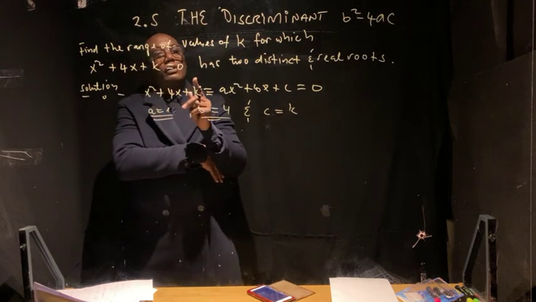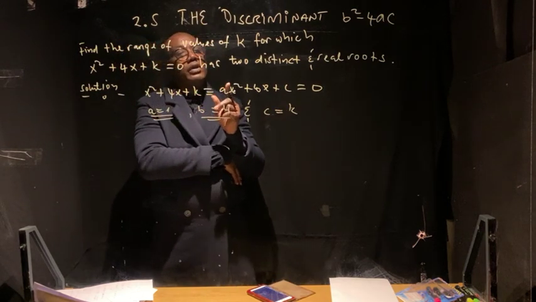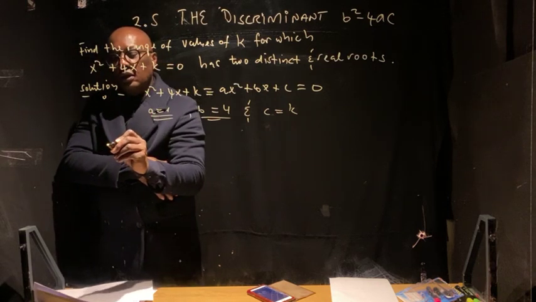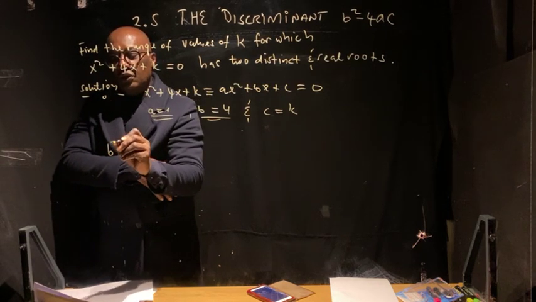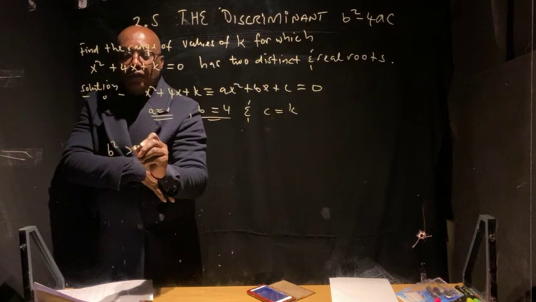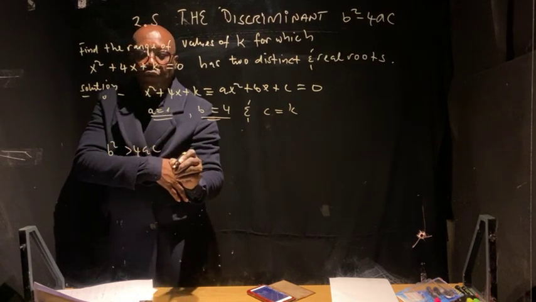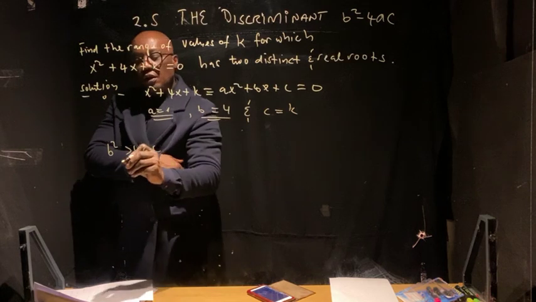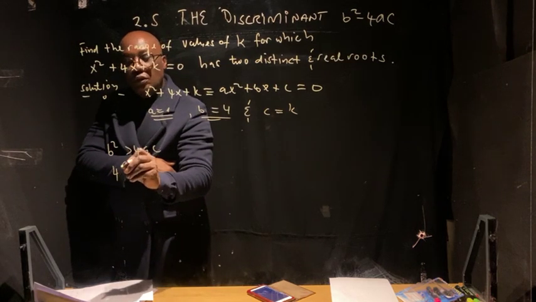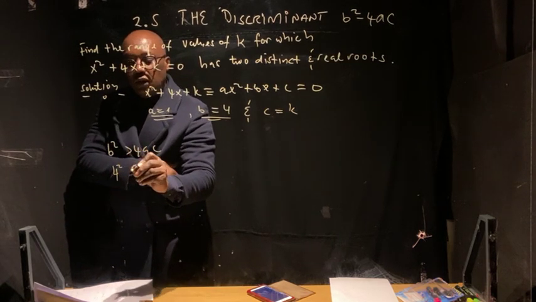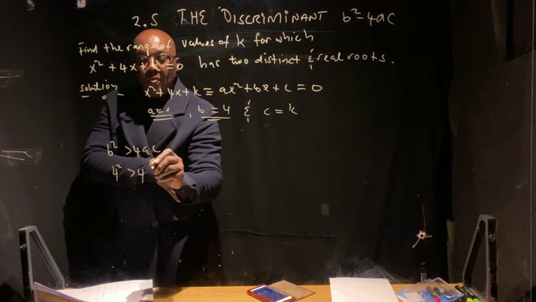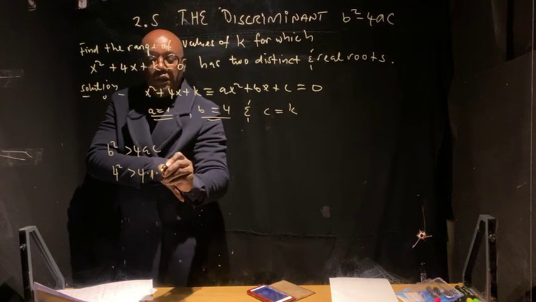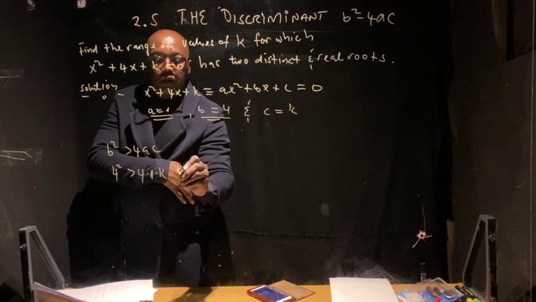But for two distinct and real roots, the most feasible discriminant is defined by b squared is greater than 4ac. Now, what is b? b equal to 4, therefore 4 squared greater than 4. What is a? a equal 1. What is c? c equal k.